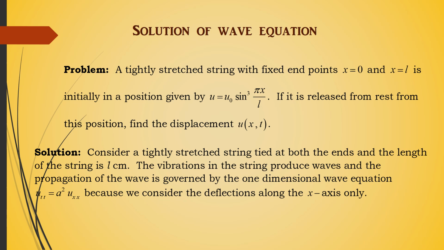Consider the one-dimensional wave equation u sub tt equals a square u sub xx. Here a square represents the speed of the wave.